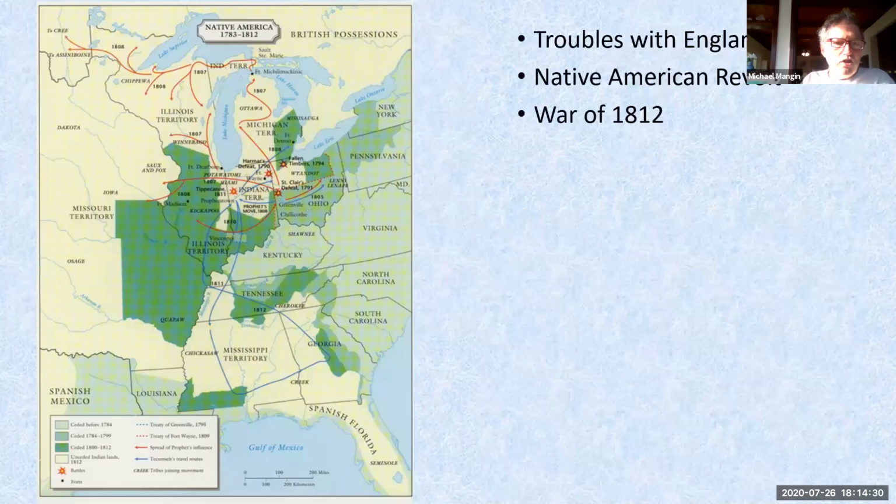Here's a map that shows where Tecumseh, the Shawnee leader, traveled as he tried to put together an alliance of Native Americans to resist American expansion. That was just one of the troubles that would lead to the War of 1812.